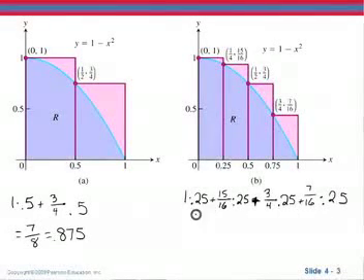Now if you type this in your calculator, you'll see you have 25 over 32, which is 0.78125.